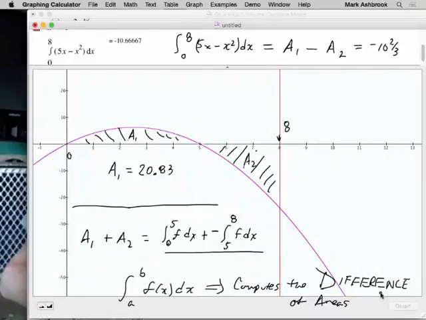Any place where it goes below, that area gets subtracted from the total amount. Yeah. But that's only true if we're finding it with respect to the x-axis, right? With the y-axis, it'd be left and right. So as long as it stays to the right of the y-axis, then it'd be an area. If it ever goes to the left of the y-axis, you'd get a difference of areas.